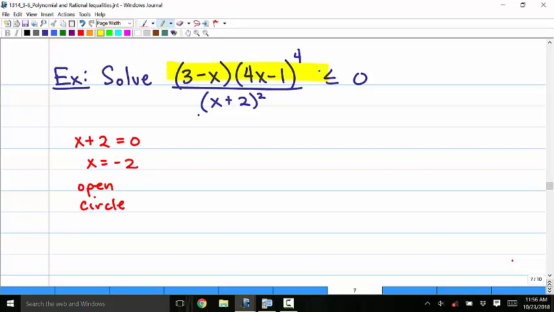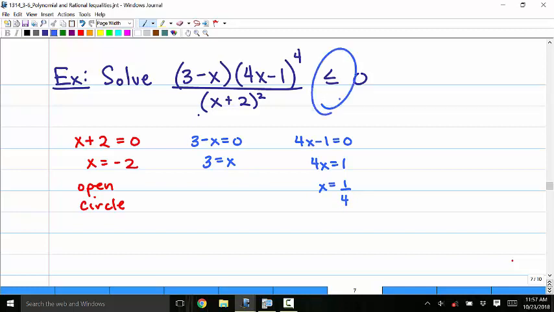Then I go look at the numerator. I set each of those factors equal to 0. When I do that, I get x equal 3 and x equals 1/4. My original inequality symbol is less than or equal to. Since it has the equal to piece, these are going to be closed circles on my number line.